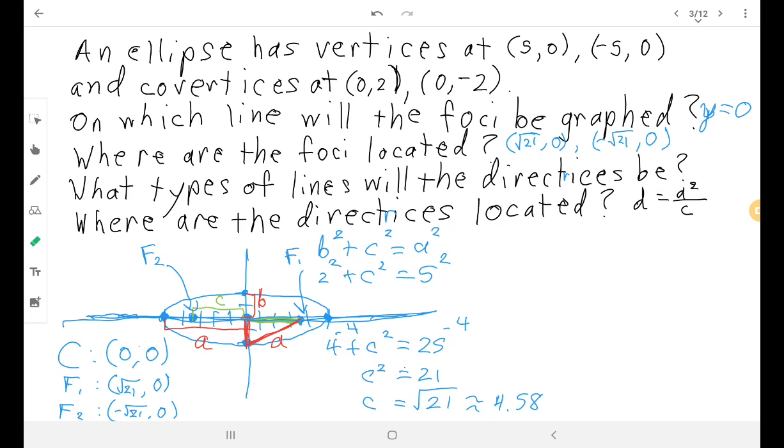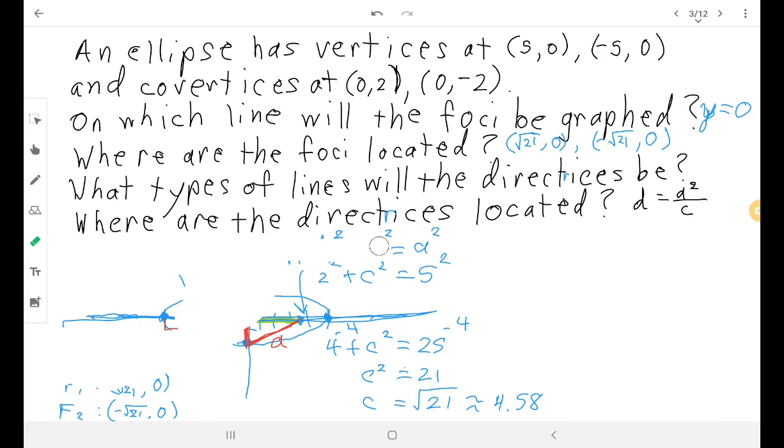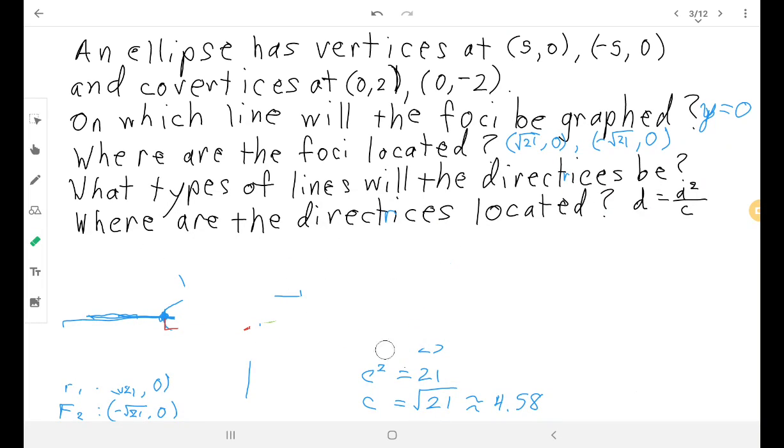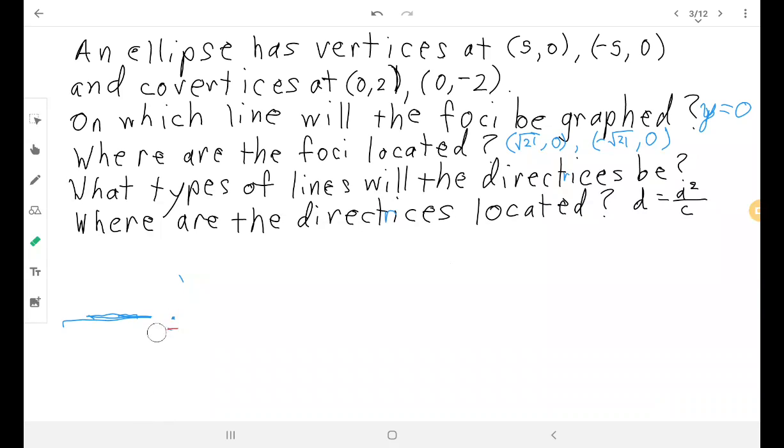So I'm going to erase a bunch of this and redraw the picture so that it's a little bit cleaner, so that we can figure this out. I'm going to erase all the stuff that I wrote, and I'll redraw the picture so that it's clean again.